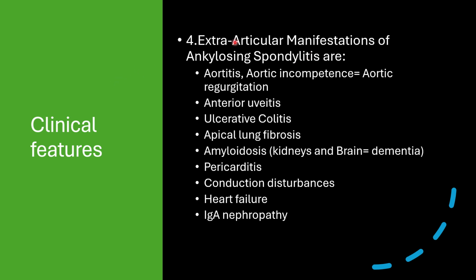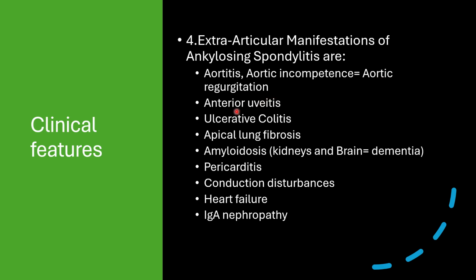Now let's check extra-articular manifestations of ankylosing spondylitis, meaning outside the joint. Where can we pick the signs and symptoms of this autoimmune condition? Within the heart or outside the heart? The aorta could be affected, giving us aortitis. We can have aortic incompetency and aortic regurgitation.